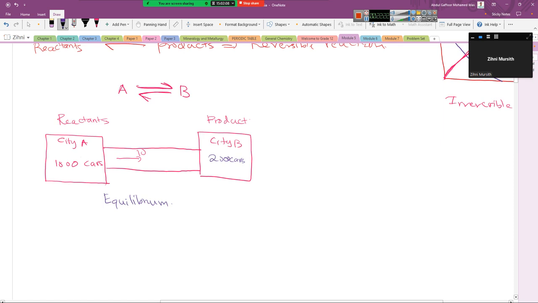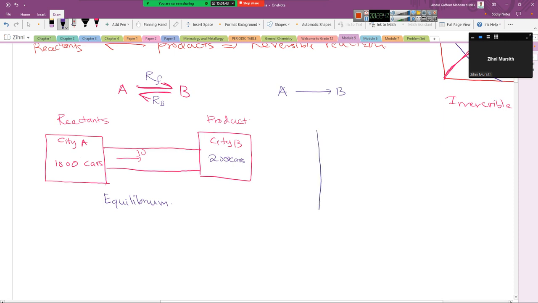Equilibrium means, you see, we have something called forward reaction rate and backward reaction rate, RF and RB. So this is the forward reaction rate and this is the backward reaction rate. What is reaction rate? Now if you have something like this, A to B, right?